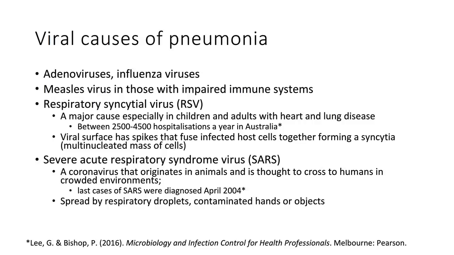So this spread through Asia, and courtesy of our world shrinking with air traffic and planes going around the world, started to spread out from there. So it was spread by respiratory droplets and contaminated hands or objects. And so they were very much worried about SARS becoming a global epidemic at the time that the last outbreak occurred.